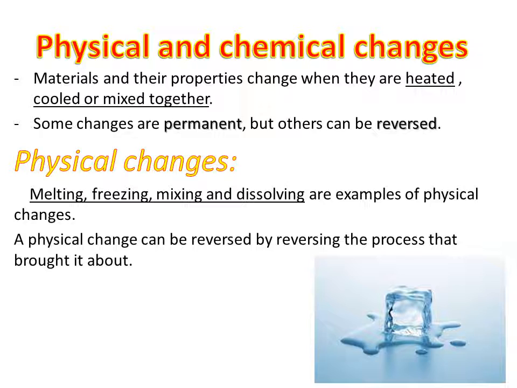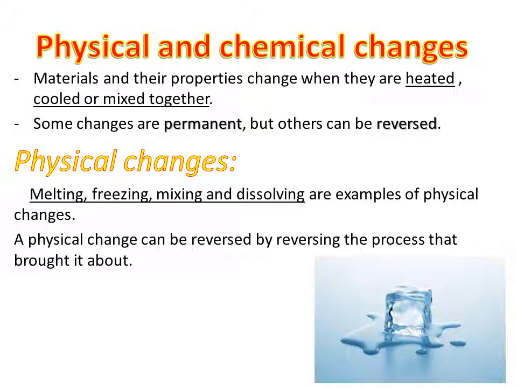Some changes are permanent, but others can be reversed. When I say permanent, I mean I wouldn't be able to get it back as it was. But others can be reversed. Like what? Exactly, yeah, Ahmed, very good.